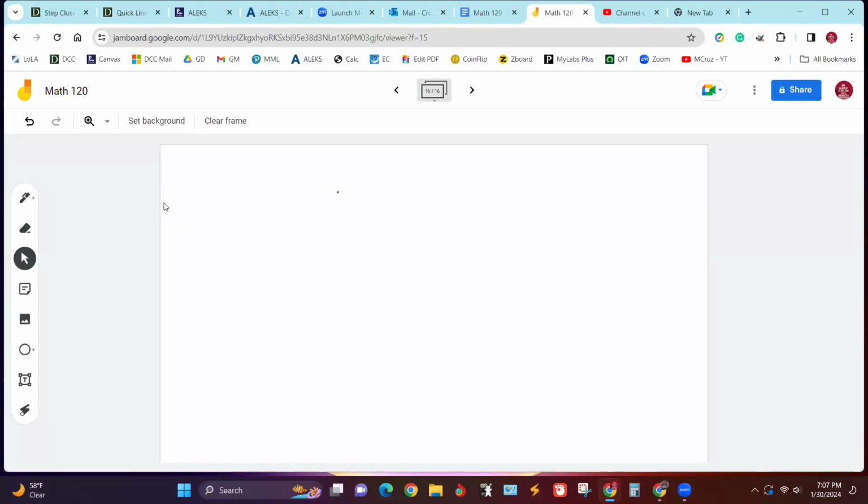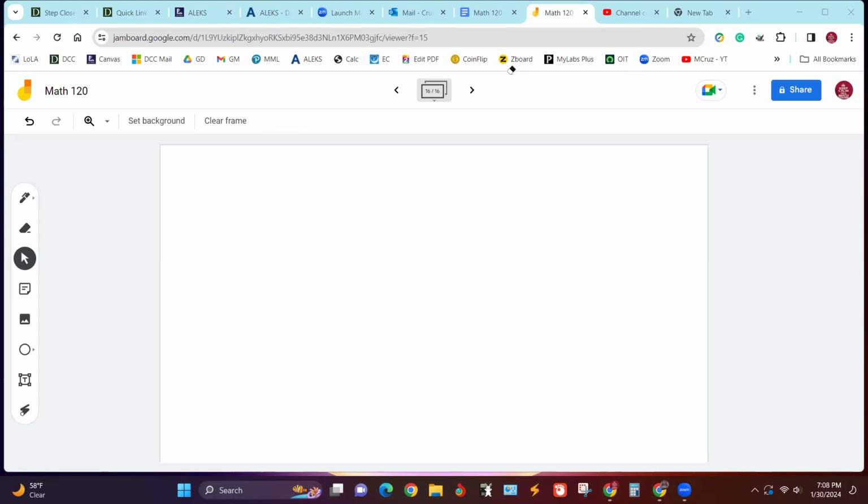This one doesn't work nearly as well, but I can actually annotate on this. I like these tools in Zoom better than the ones on the Google board.